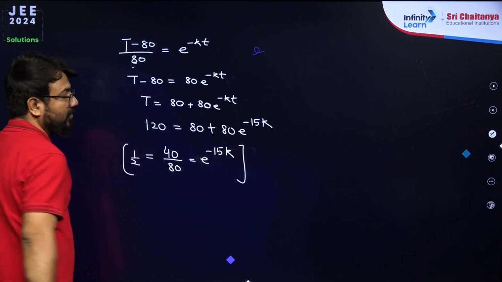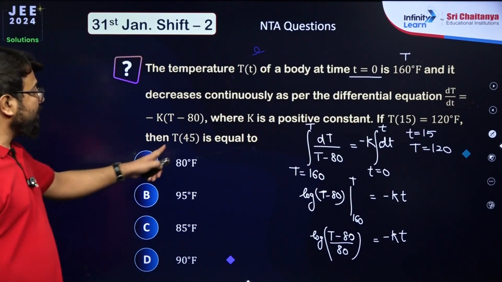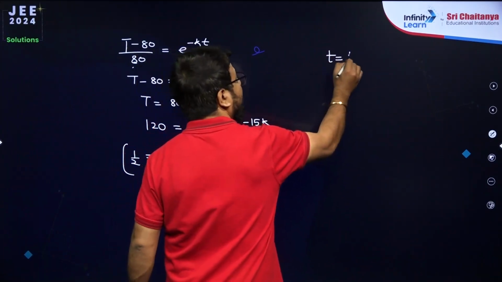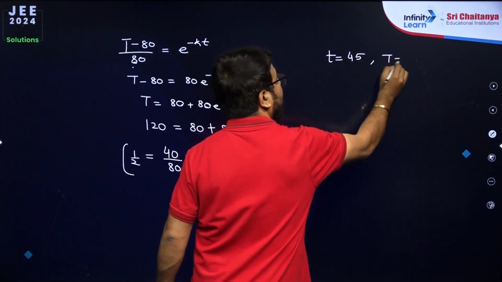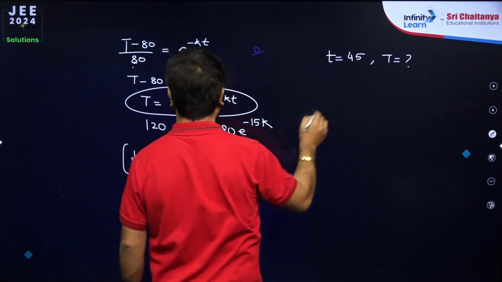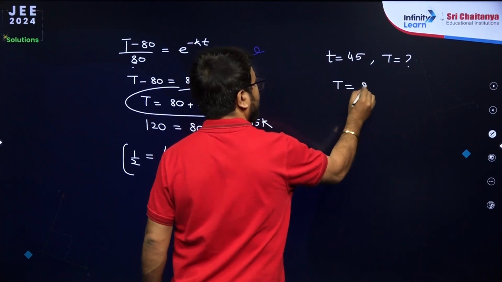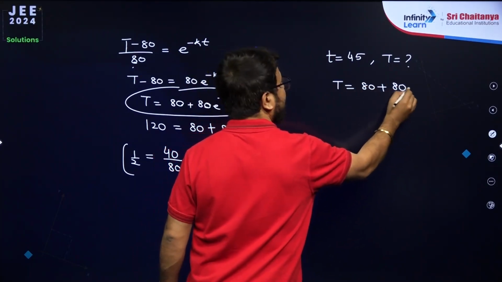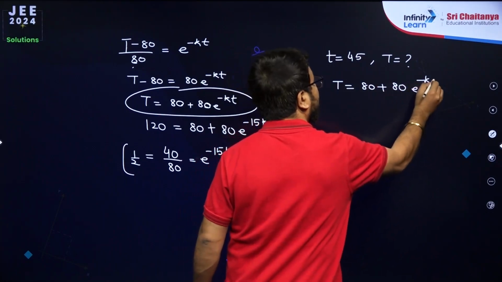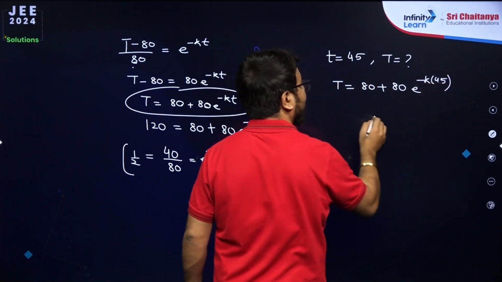Now how will it be useful for us? They have asked us the value of T(45). T(45) means at t equals 45, what should be the value of T? If I place the value of small t as 45, it will be 80 plus 80 times e raised to the power minus k into 45. Are you getting my point?